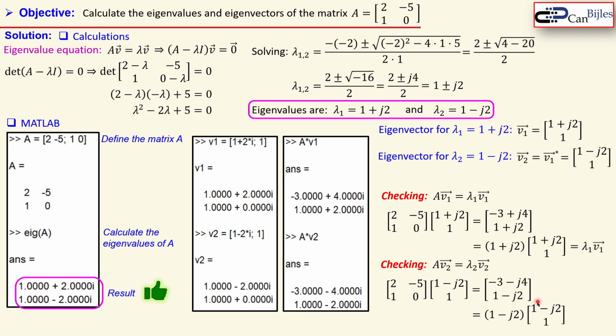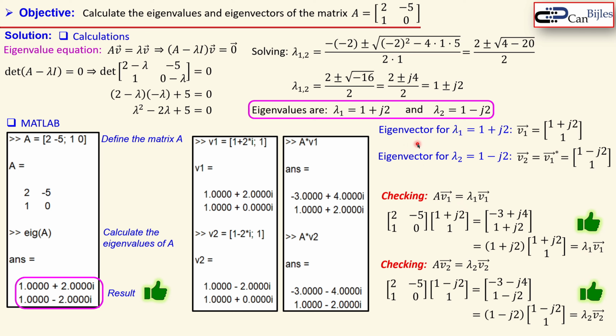So 1 times 1 and 1 times minus j2 and then minus j2 times 1 and then minus j2 times minus j2. You will see that this is indeed the correct result. And now we have here again the lambda 2 and the v2, which is our second eigenvector. So that means both solutions for the eigenvectors are also correct. So we have verified our calculations using the MATLAB command window.